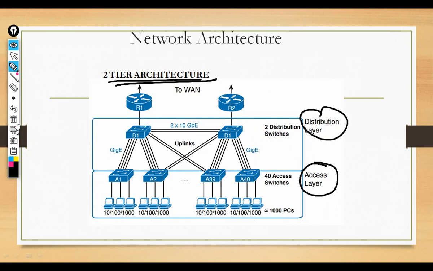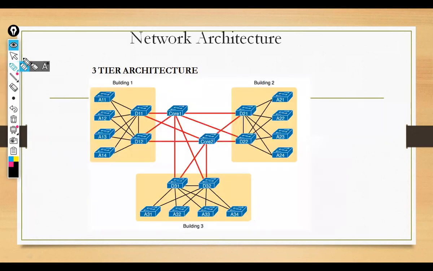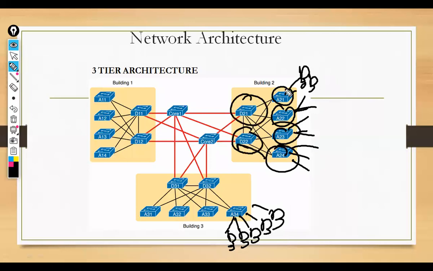Clear? Last thing for today, 3-tier architecture. If you have multiple buildings, and each building has multiple machines, these machines will first be connected to the access layer switches. From the access layer switch, it is connected to the distribution layer switches.